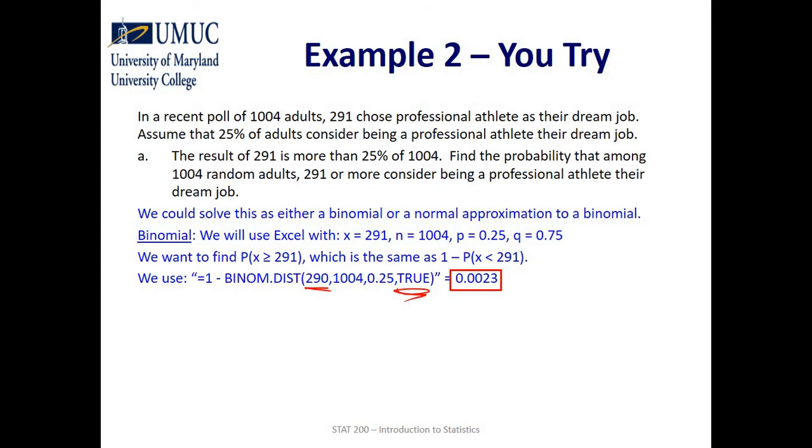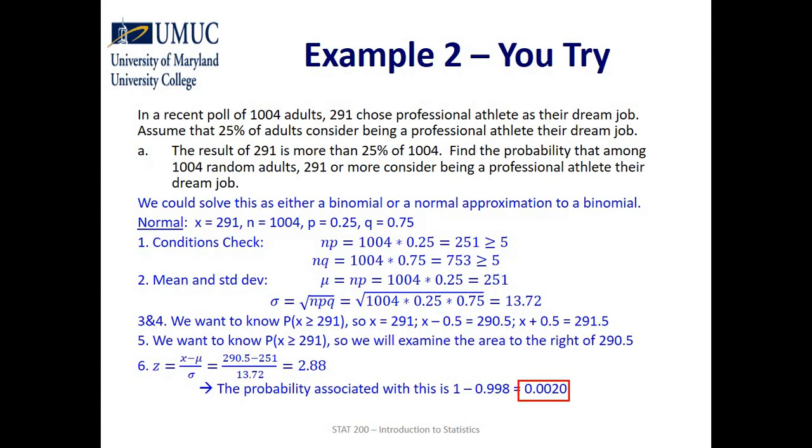All right. The next way we could do it is we could use the normal distribution with x equals 291, n equals 1004, p equals 0.25, and q equals 0.75. First we have to do our conditions check. n times p is 1004 times 0.25, which gives us 251, which is actually what I said. n times q is 1004 times 0.75, which is 753.